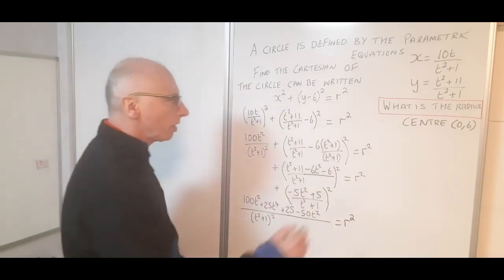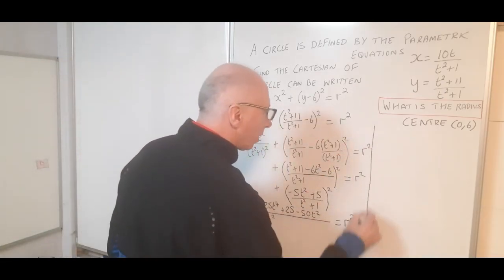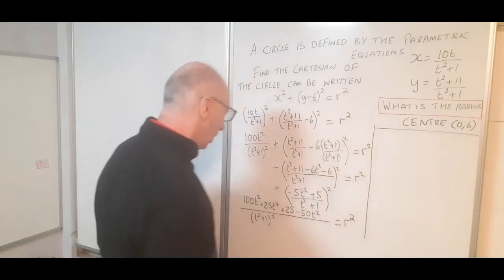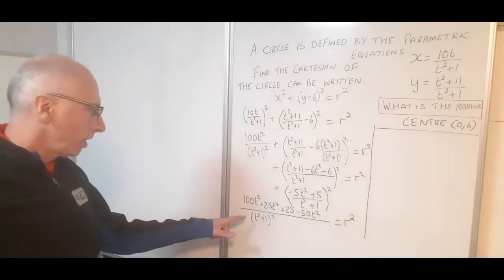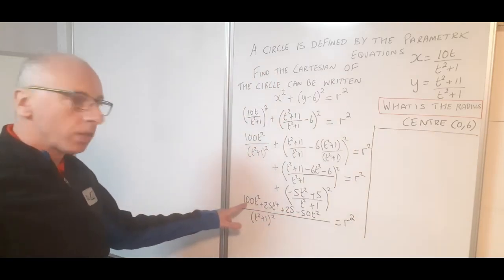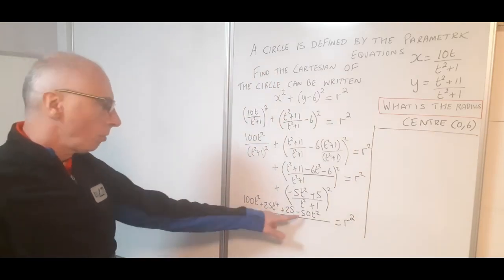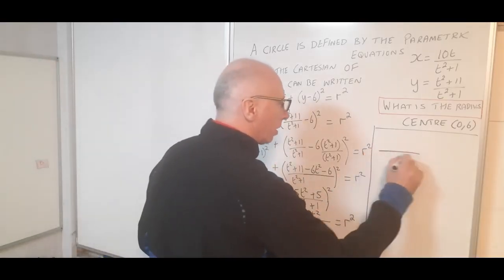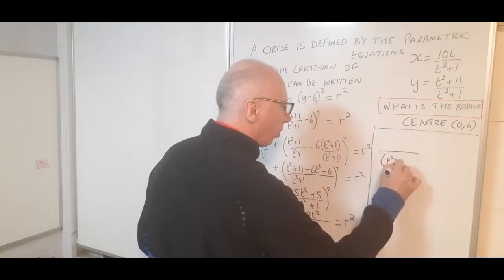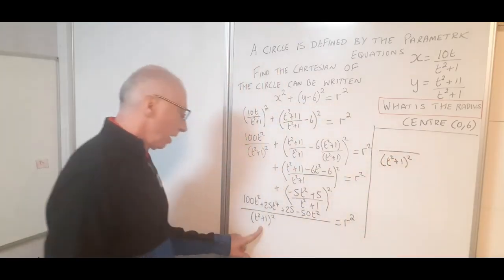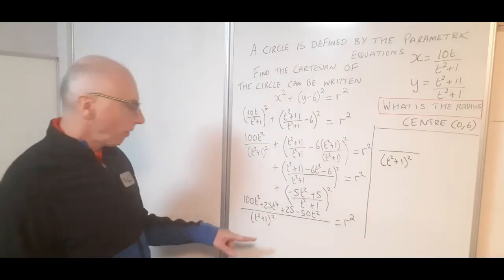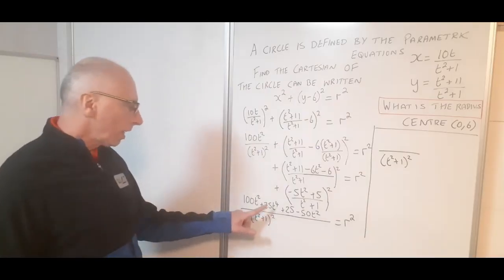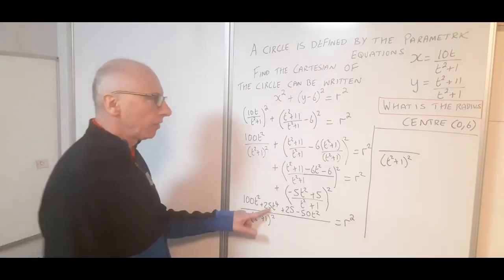Okay, right. I'm going to continue this on this side here, because it looks like now we've got some simplifications that we can do and some factorising. Because I can see all these numbers, 25 will go into all of them. So keep my denominator, that's (t squared plus 1) squared. Then t to the 4, I've got 25t to the 4, so I'm going to take a 25 out of that.